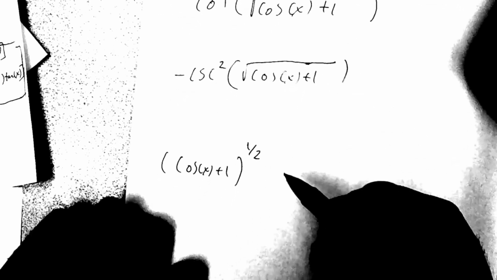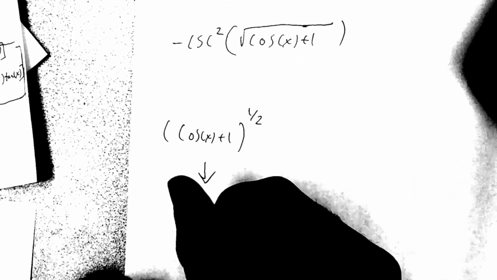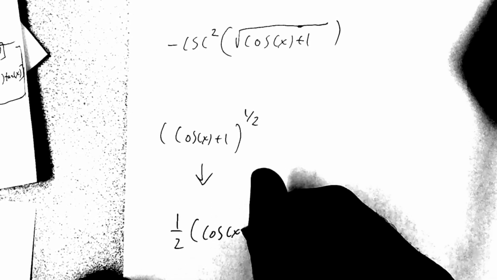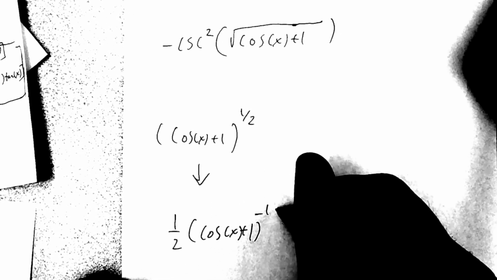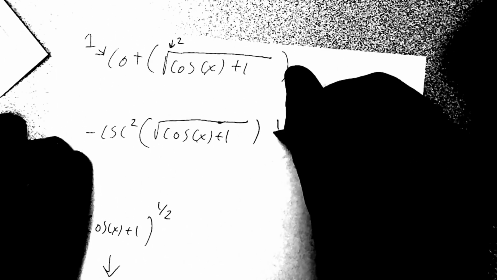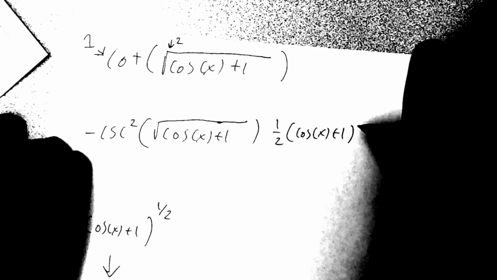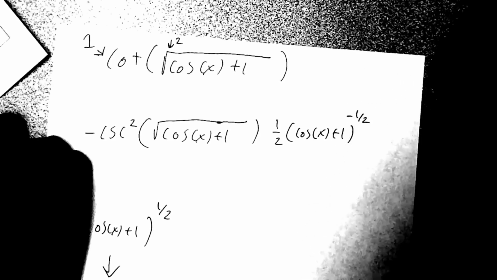Remember, I'm converting that radical into a half. Then the derivative of that becomes 1/2 cosine x plus 1 to the negative 1/2. So that's going to go here.